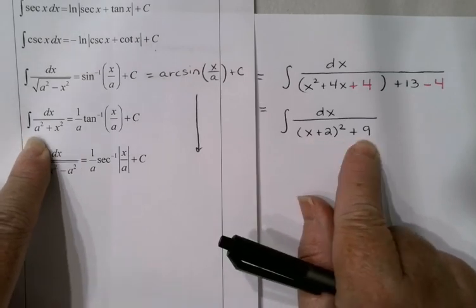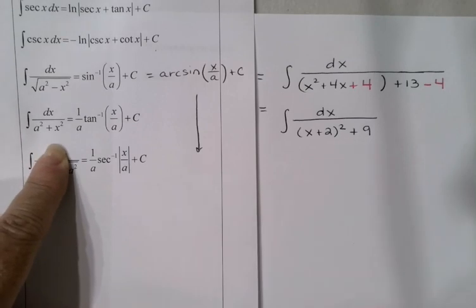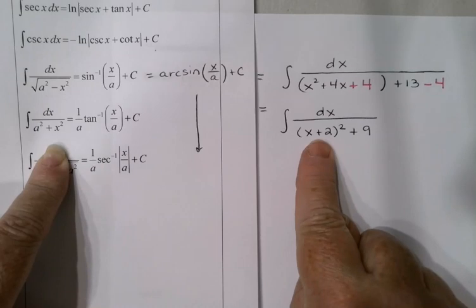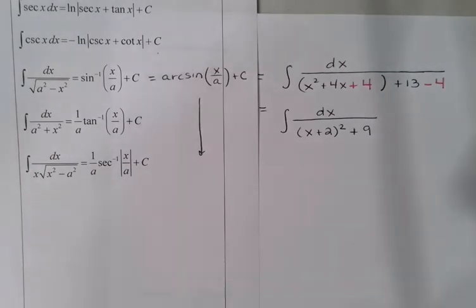And of course, 9 is 3 squared. So I should be able to get a good match for that arctangent integral. Let's start by letting u equal x plus 2. So du dx is just 1, and du is equal to dx.